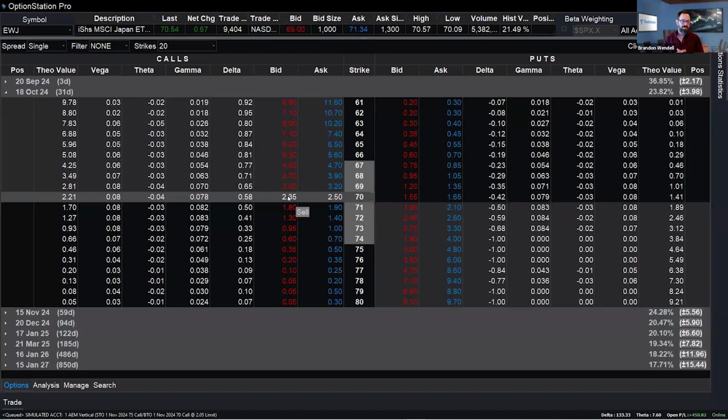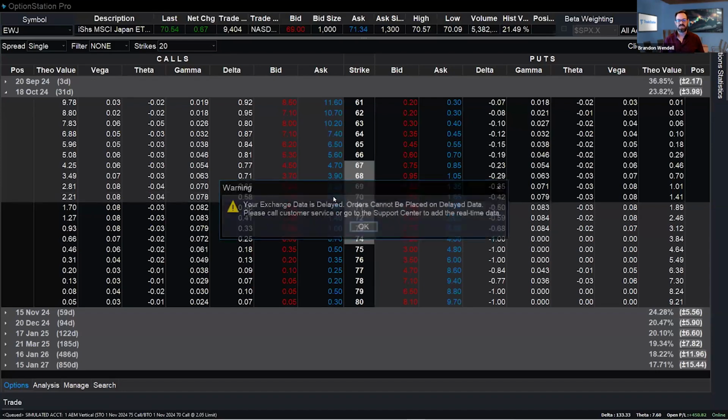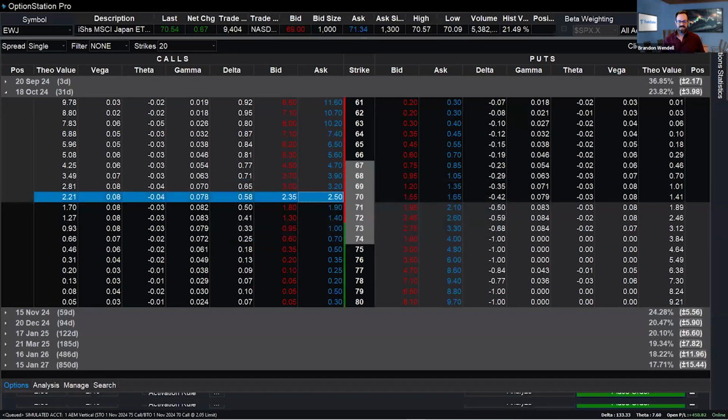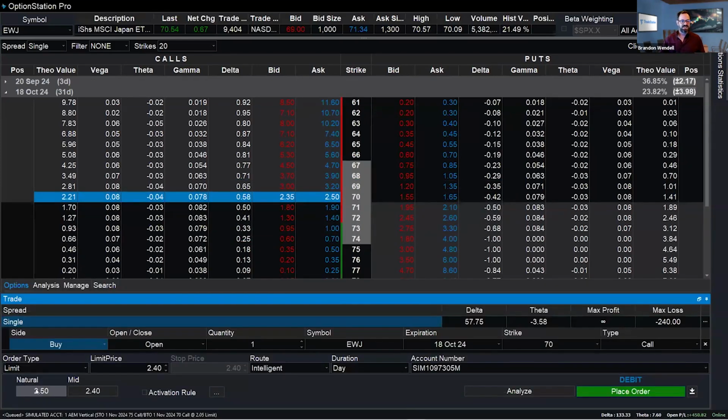Now, I can state the price I want by using a limit order. You know, just because I click on one of these to buy doesn't mean I actually have to pay that price. I can do natural price. I can adjust to what it is that I want and use a limit order to get filled or not. Remember, limit orders, no guarantee. You're specifying you want that price or better.